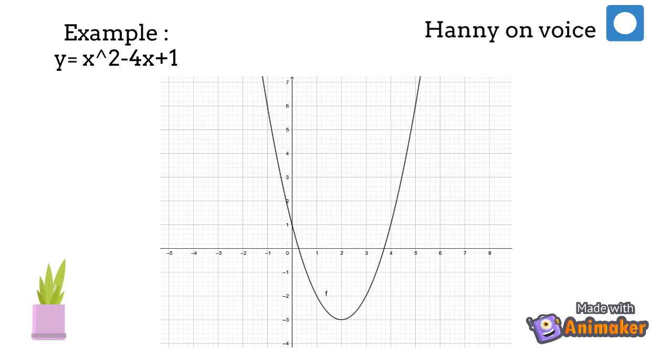And after that, we go to the last step. We just need to plot the vertex, and here I'm using GeoGebra to give an illustration of the graph of the function. As you can see on your screen, the graph is opening up, with its vertex as I said before.